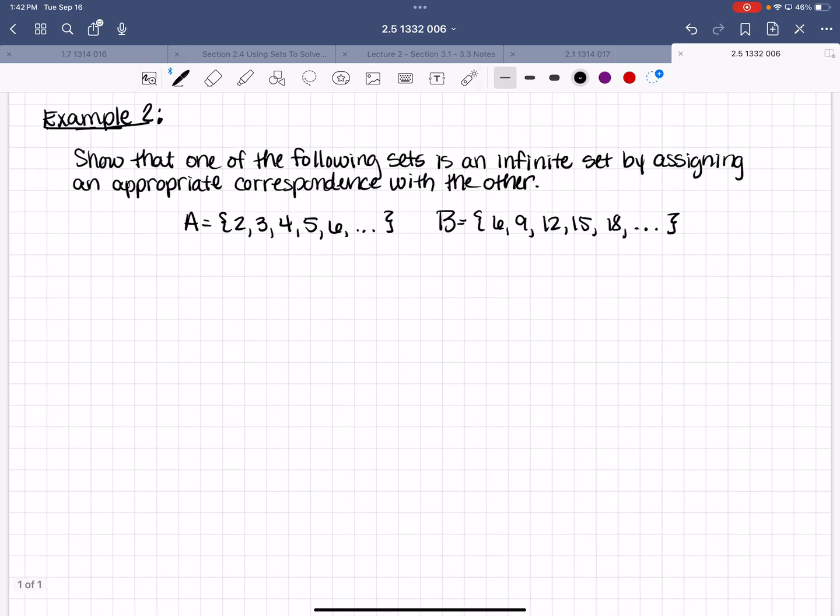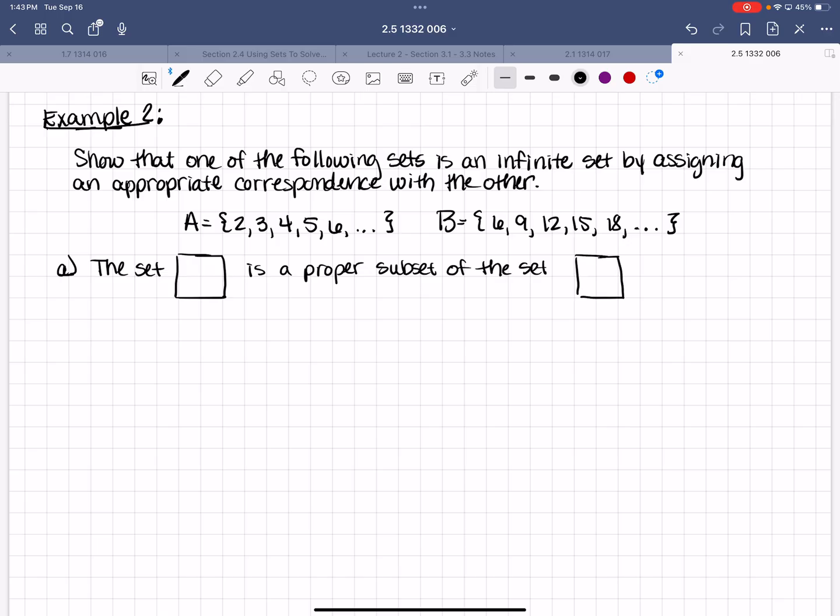Okay? And part A says the set blank, they have a box, is a proper subset of the set blank.